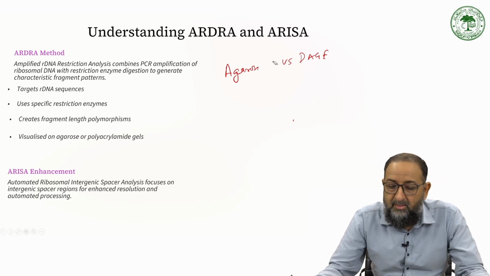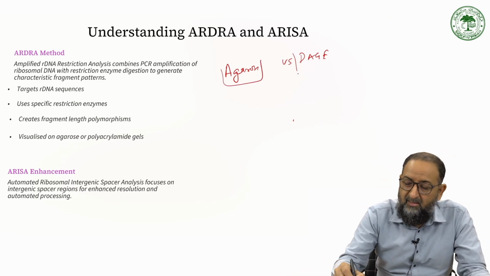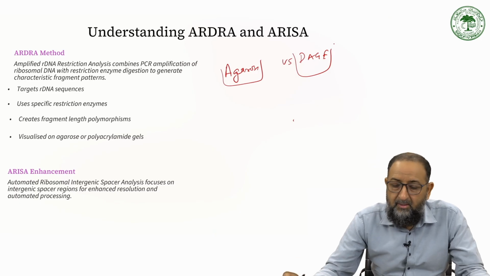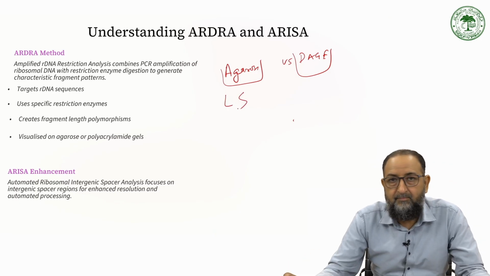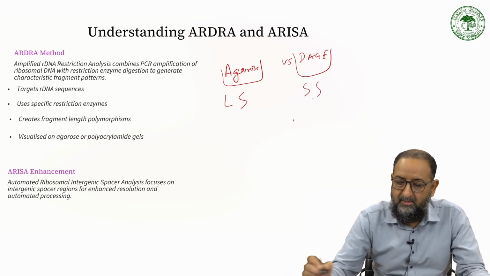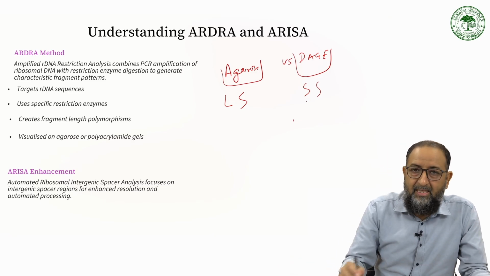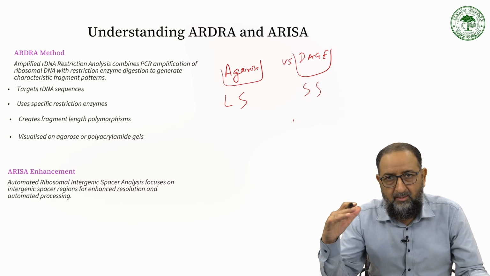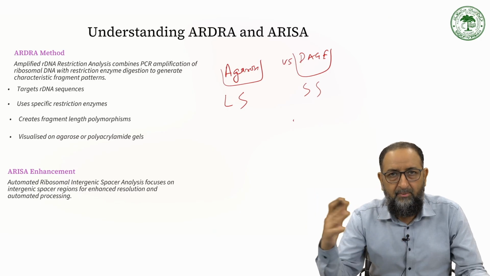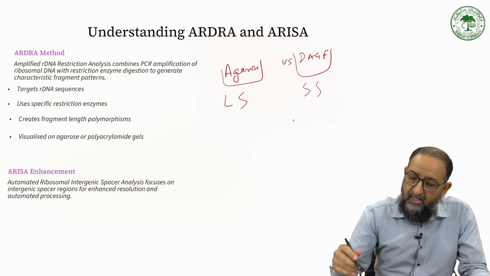Agarose can resolve large sizes and small sizes, but there is a limit. The small size limit is there, while the large size limit has no limit. It can go for 10 kb, 20 kb, even the whole genome.